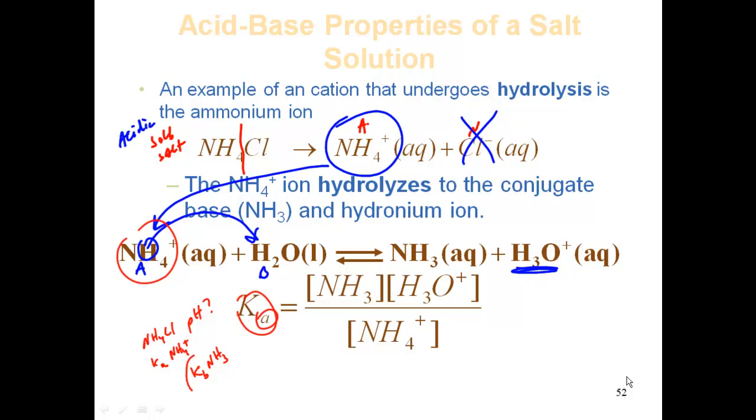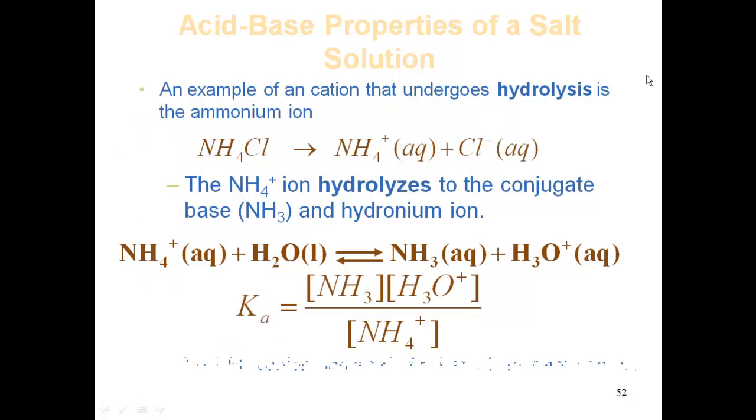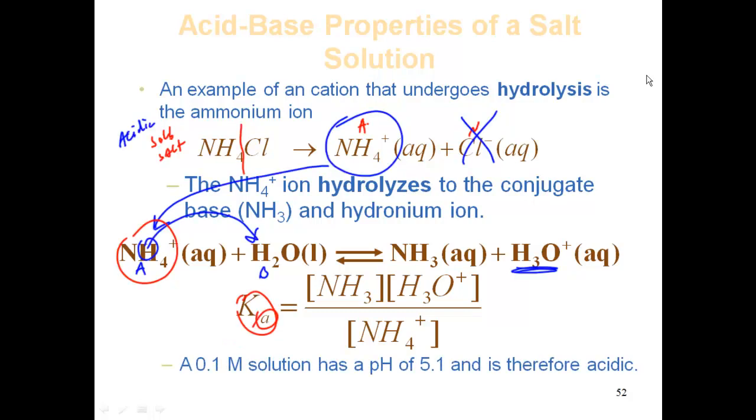I'm going to have to take that Kb and convert it into Ka. As I said, I'll show you how to do that on the next homework set. A 0.1 molar solution of ammonium chloride would have a pH of about 5.1, so therefore it's pretty acidic.